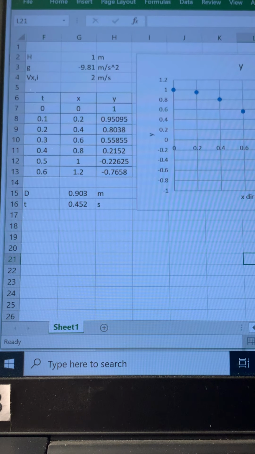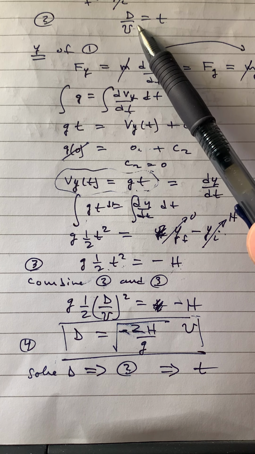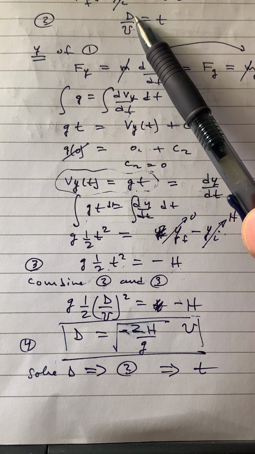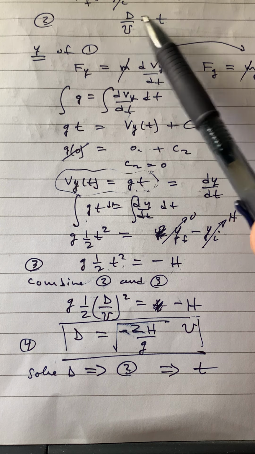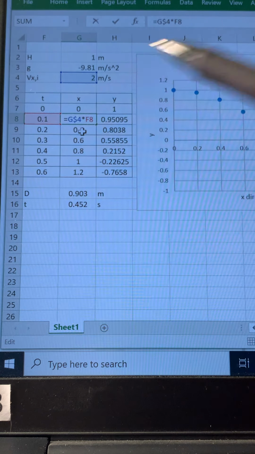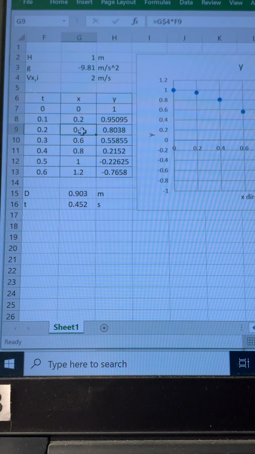What's happening in the x direction is defined by this equation, that the distance is equal to the time times the velocity, right? And so that's what we've done in here. Basically just saying time times velocity is going to give me my distance.